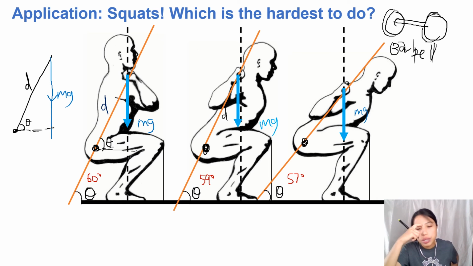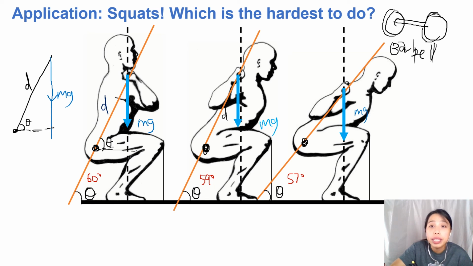Okay, so now we got a problem again. The force is not perpendicular to the rod. So how? Just now, what did we do? We made the force perpendicular, so we used a component of weight. But in this case, let's do something different. Let's use the perpendicular distance instead.